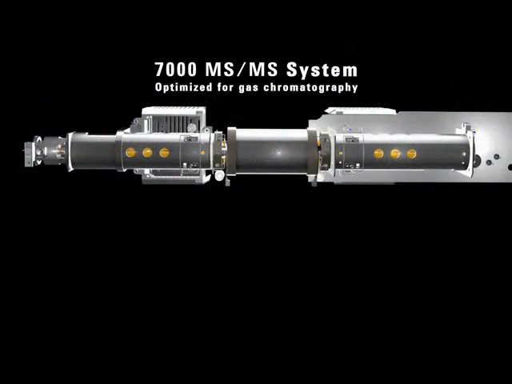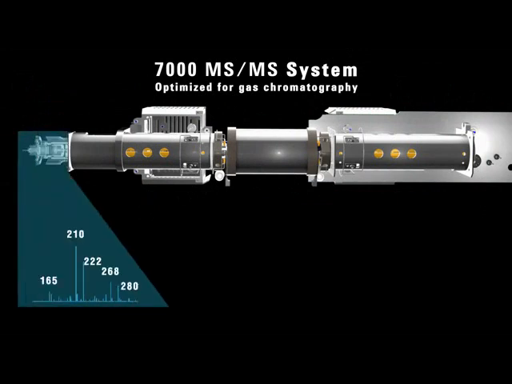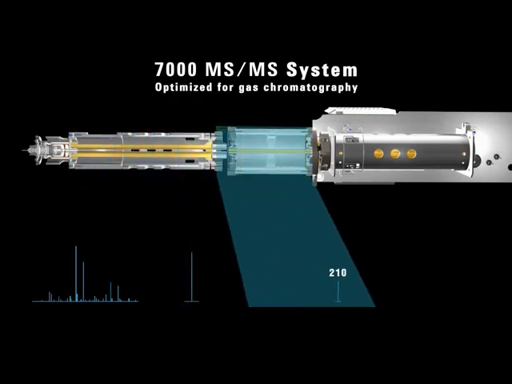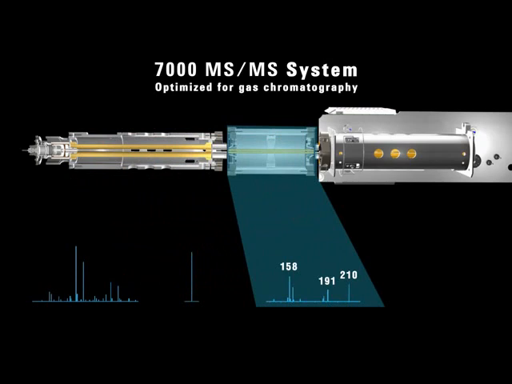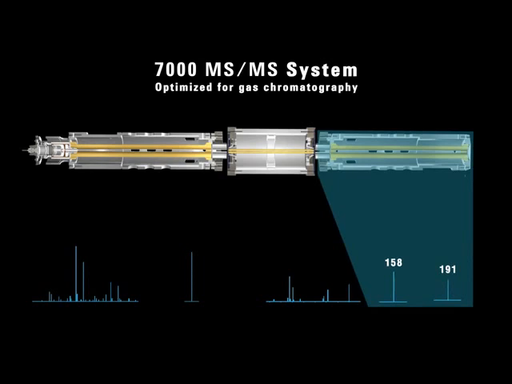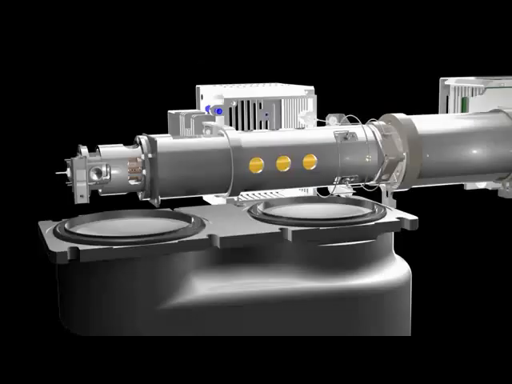The 7000 MS-MS, an MS-MS system optimized for gas chromatography. From the classical distribution of ions produced in the inert, high-performance source to the precise isolation of the precursor ion through the path of the hot quartz hyperbolic quadrupole into the high-pressure hexapole collision cell for efficient precursor dissociation, product ion transmission and simultaneous reduction of metastables with helium quenching, to the final accurate mass analysis in a second hyperbolic quadrupole field before ion collection at the triple axis detector.